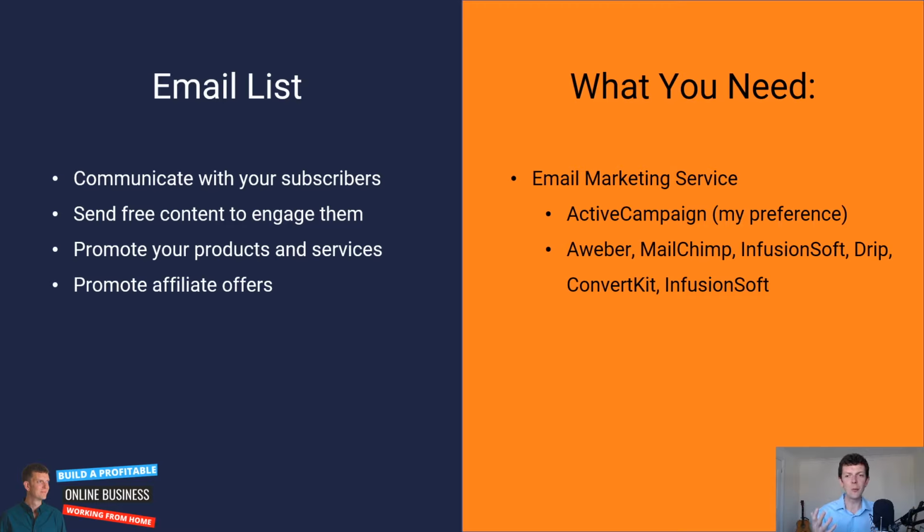I certainly wouldn't advise you to jump into something like Infusionsoft. I don't want to do them down by any means, it's a great system, but the nickname for that is Confusionsoft, because it can be quite overwhelming when you go in. You just don't need that kind of stuff.